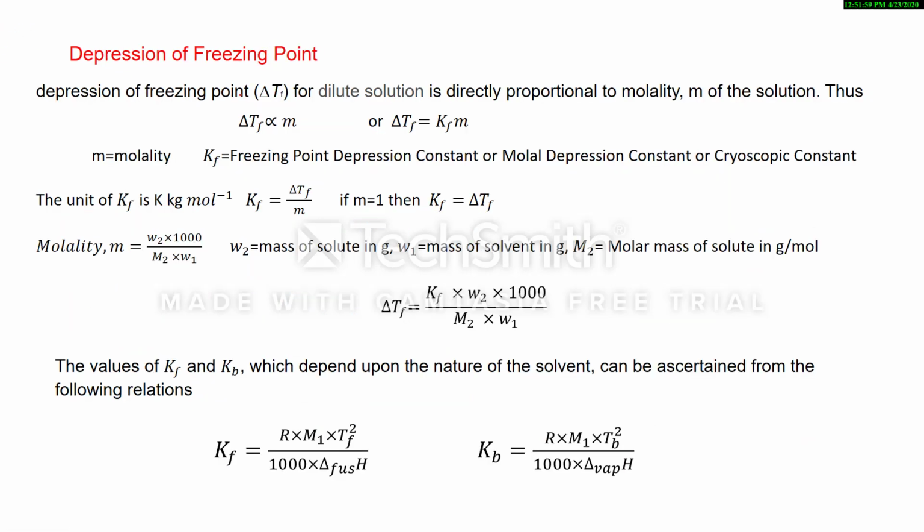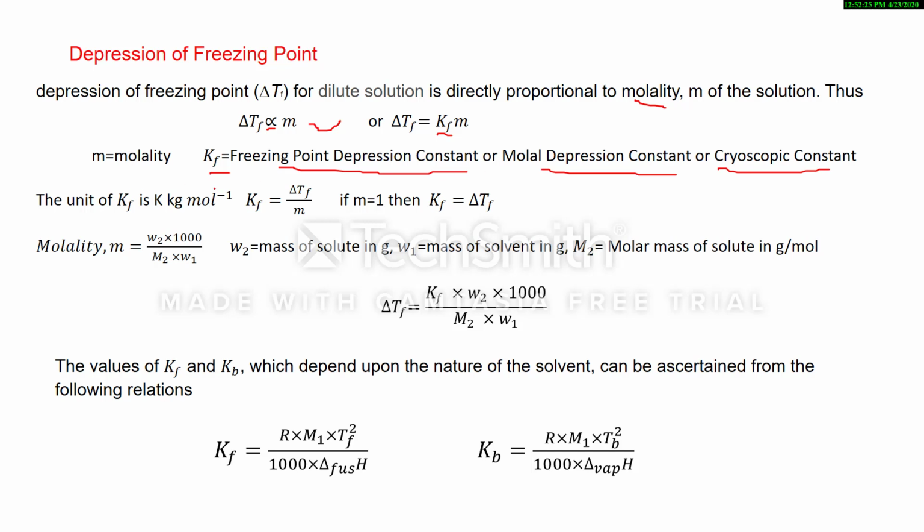Now again, delta Tf for dilute solution is directly proportional to molality, that is m of solution. So we can write delta Tf is directly proportional to m. If the proportionality sign is removed, a new constant will come, that is Kf, and Kf is the freezing point depression constant or molal depression constant, also known as the cryoscopic constant.